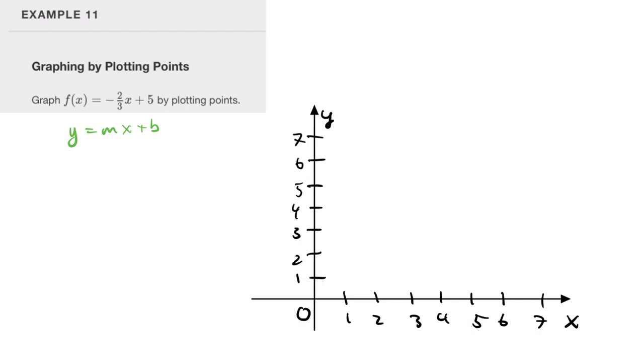Okay. And because our b is 5, we'll put a point here. I was doing a quick calculation to calculate the x-intercept. I got like 7.5, so that will put an x-intercept over here. We can use our slope of -2/3. So if we go down 2 and over 3, we get a point about here, and then we connect them with the straight edge. I use the x-intercept as just an additional point, for precision.